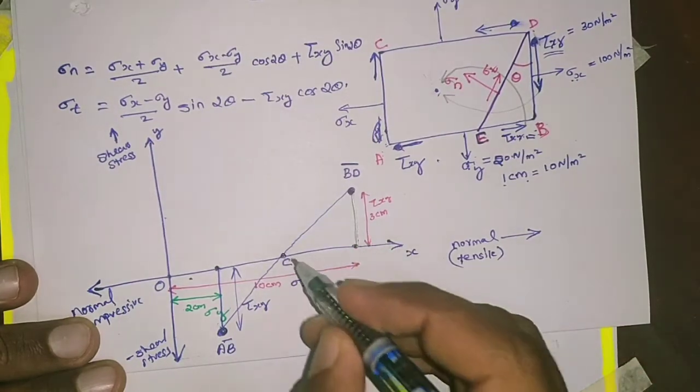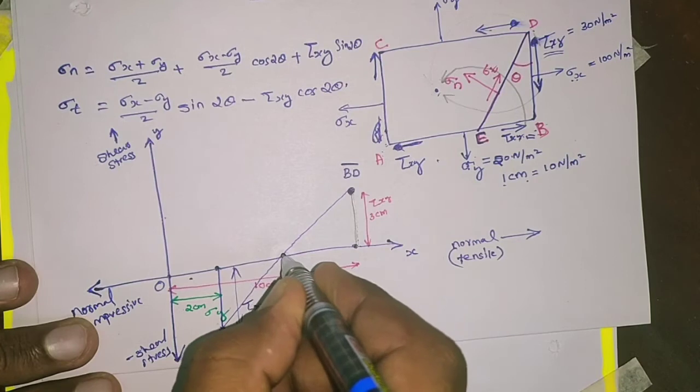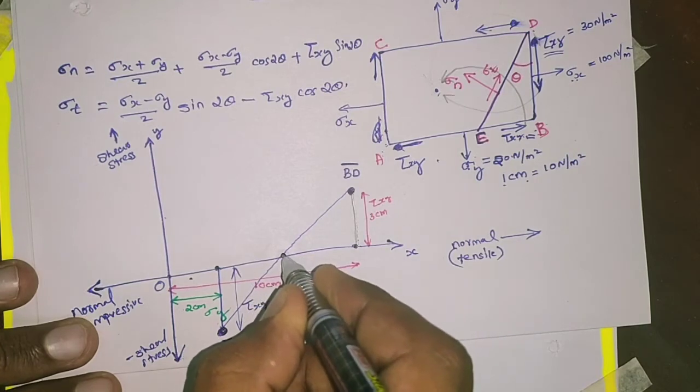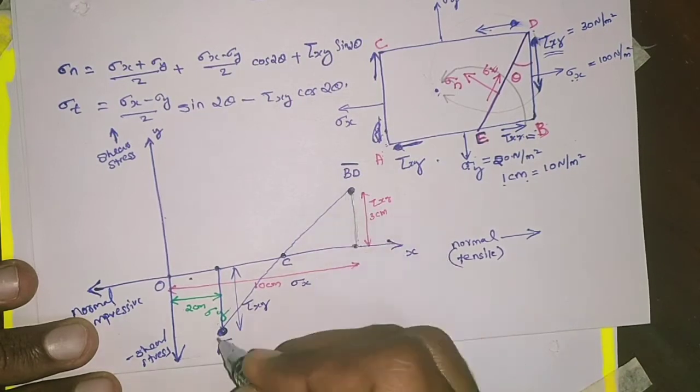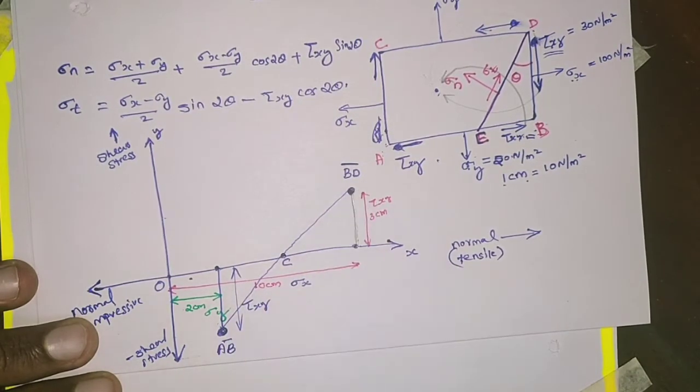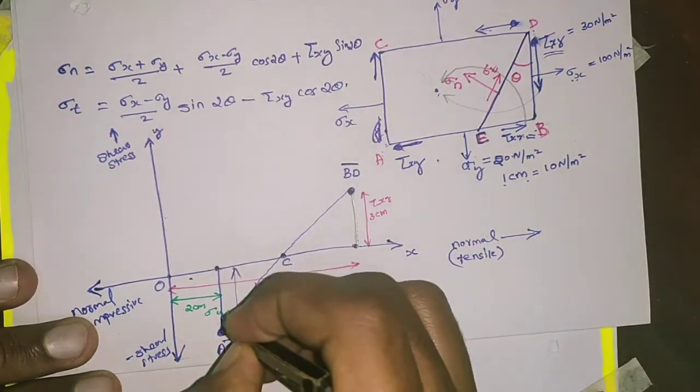Okay. Then draw a circle with the C as center, and this line as diameter.